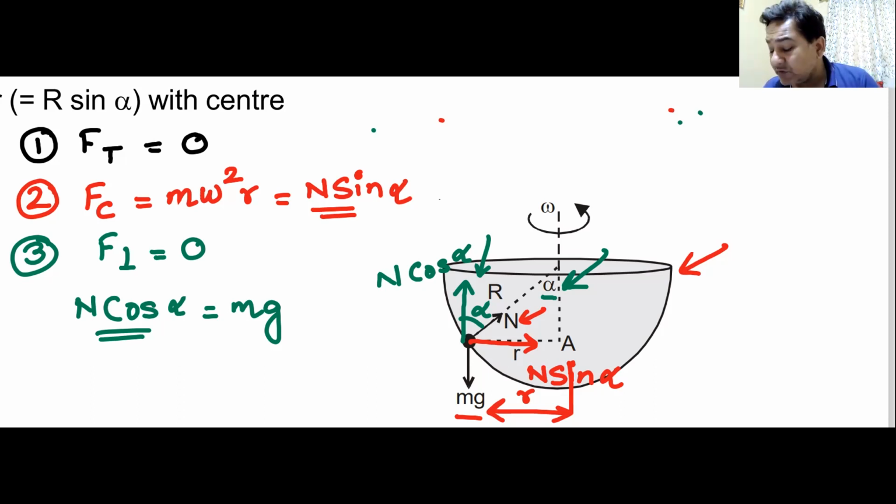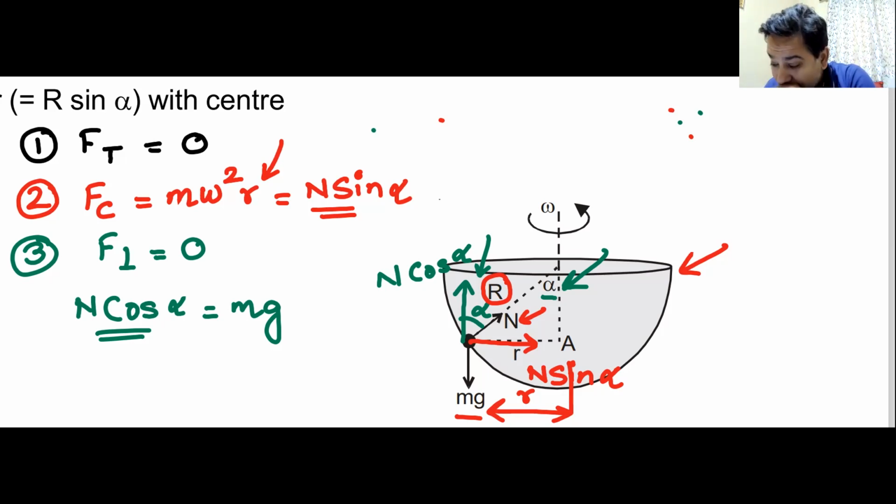Now, but before going into that, I must remember that this small r, we don't know the value of this small r. We only know the value of capital R. So somehow we need to change from small r to capital R. That means we have to find the value of small r in terms of capital R. How do we do this?